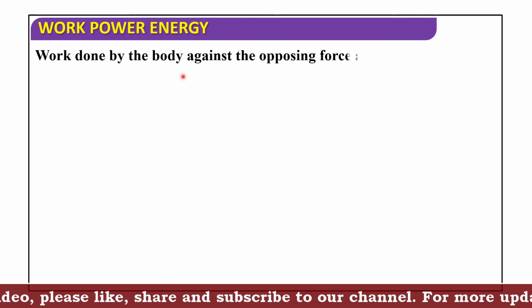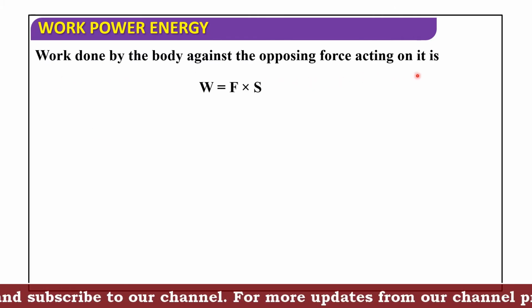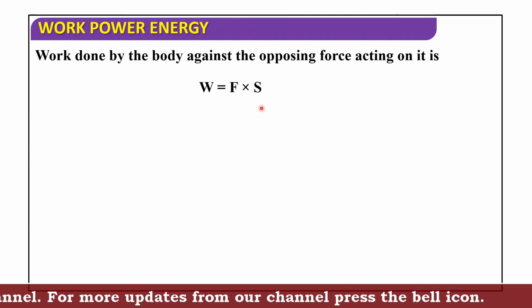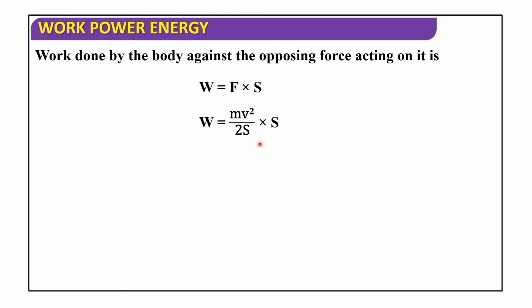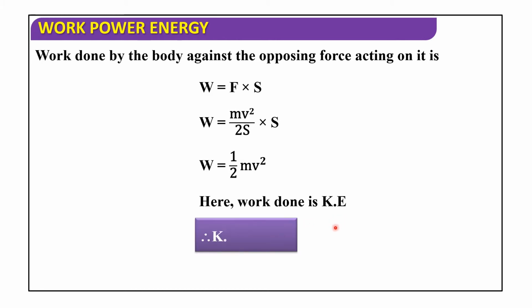Now work done by the body against the opposing force acting on it is W is equal to F into s. Substituting F, W is equal to mv square by 2s into s. s gets cancelled. So W is equal to half mv square. Here work done is kinetic energy. So kinetic energy is equal to half mv square. This is the expression for kinetic energy, half mv square or 1 by 2 mv square, where m is the mass and v is the velocity.